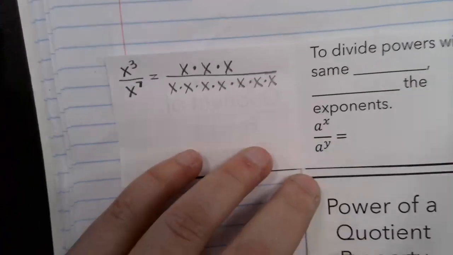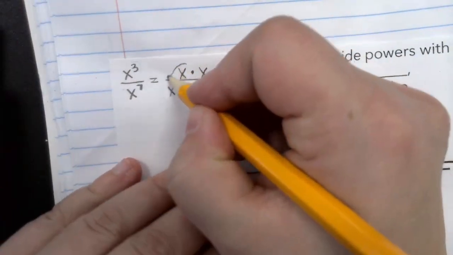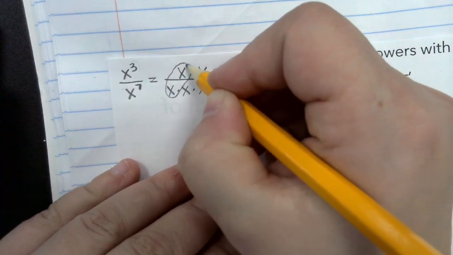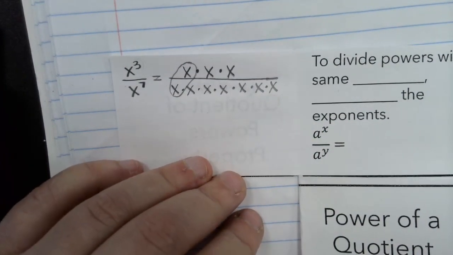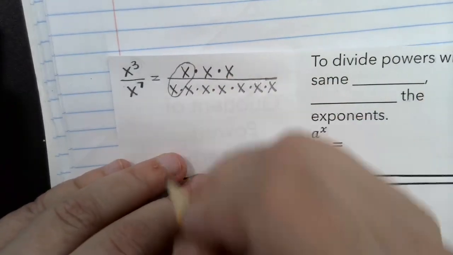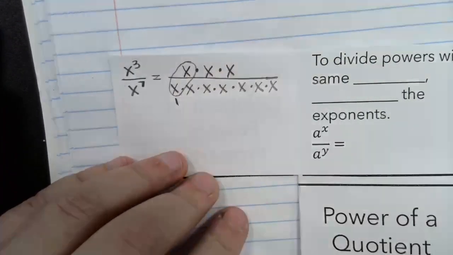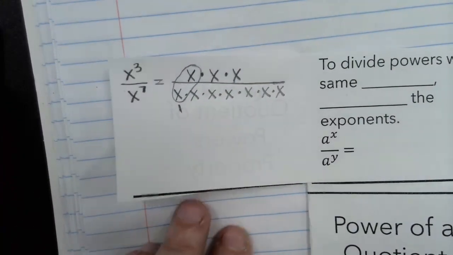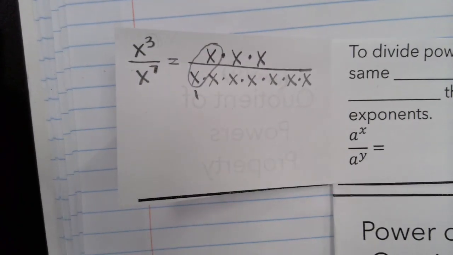All right, now we just talked about on the board when we have a number divided by itself, like 5 divided by 5. What is x divided by x? Any number divided by itself is 1. Like 5 divided by 5 is 1. 3 divided by 3 is 1. 10 divided by 10 is 1.